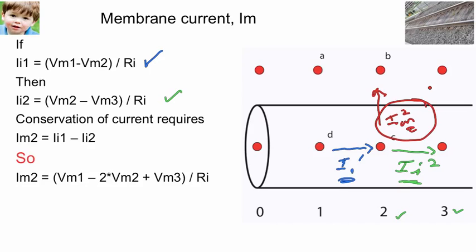If you do these same steps mathematically, then we get this equation that's on the left, Im2. Now I'm just subtracting 1 and 2. I take equation 1, I subtract equation 2, and this is what I get, simply by subtraction of 2 from 1.